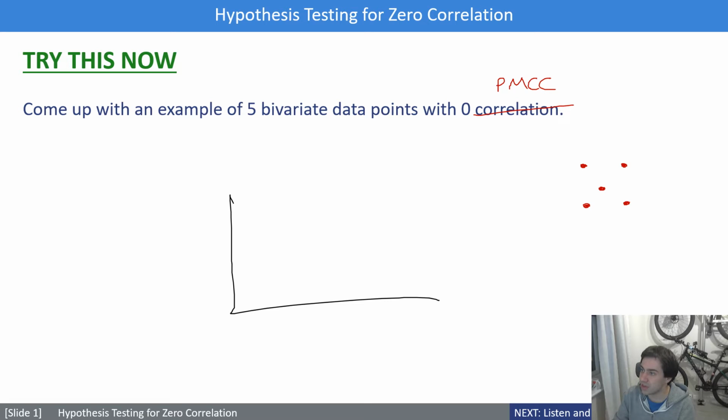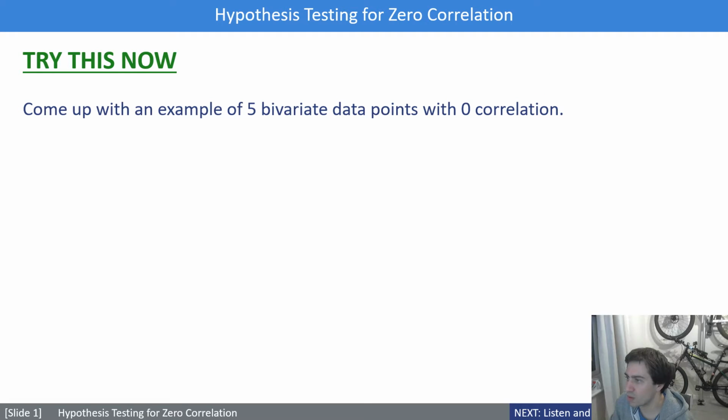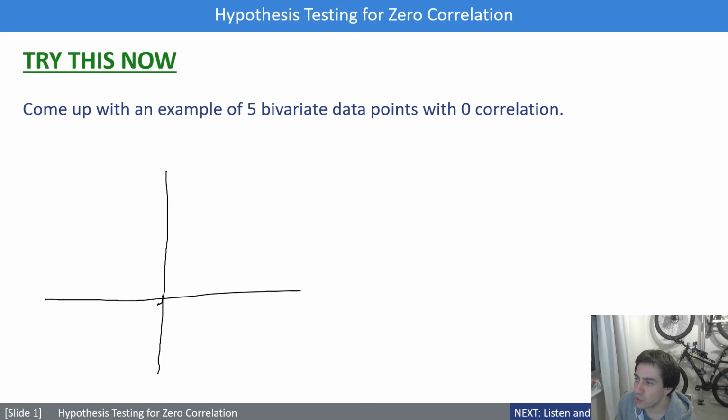And in fact, if you check it on your calculator, the following specific 5 points will give you 0 correlation, and they are as follows. The points (0, 0), (0, 1), (0, -1).